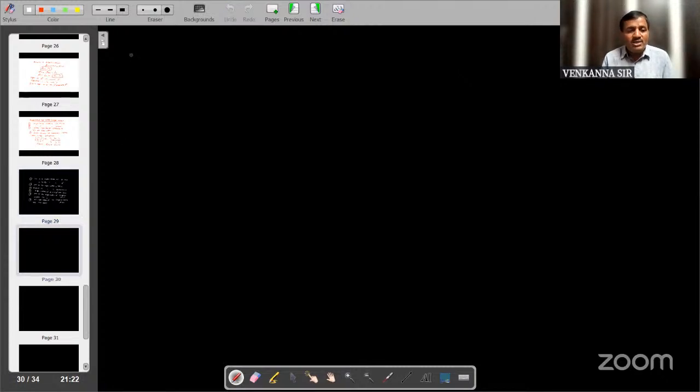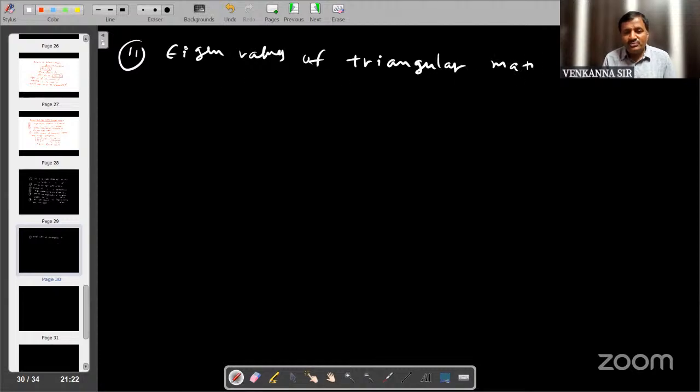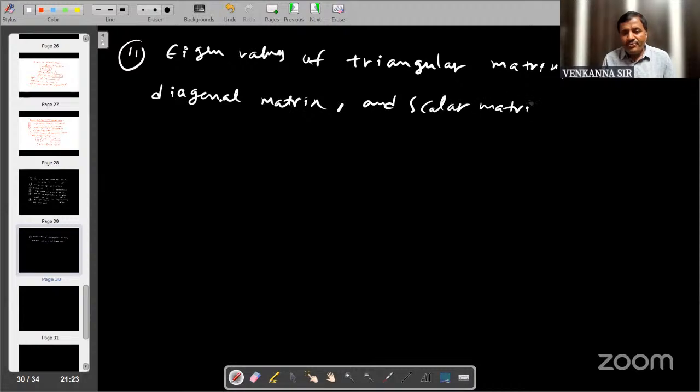Next, 11th property. All properties are very, very important. Eigenvalues of a triangular matrix, diagonal matrix, and scalar matrix are equal to its principal diagonal elements.